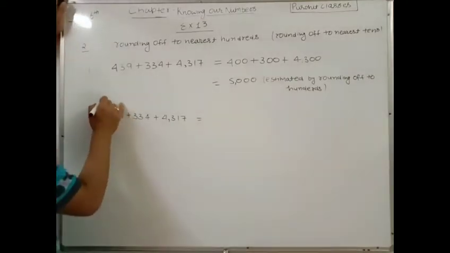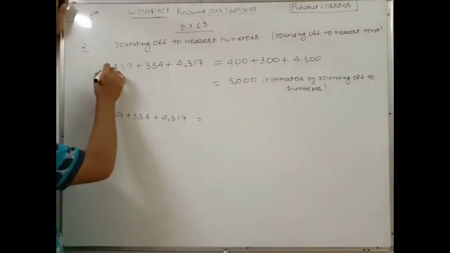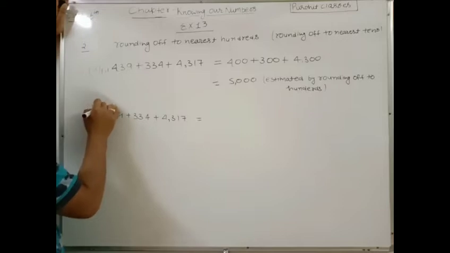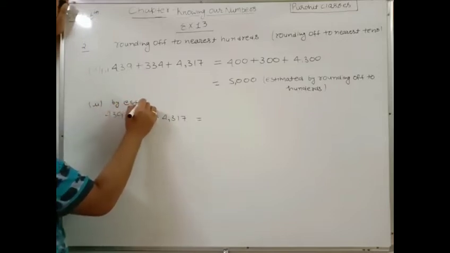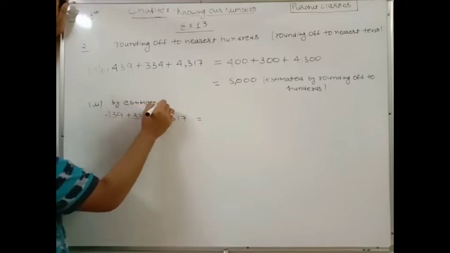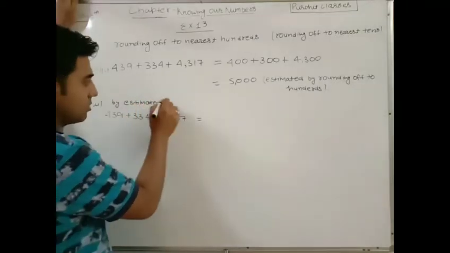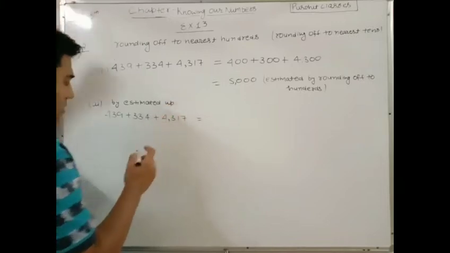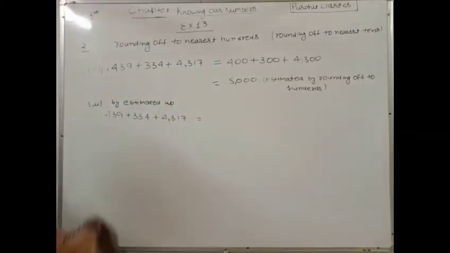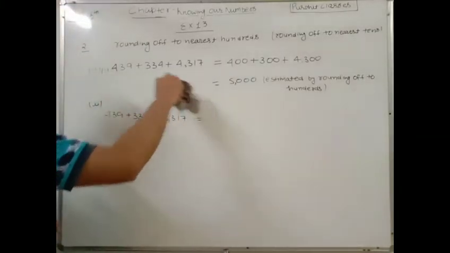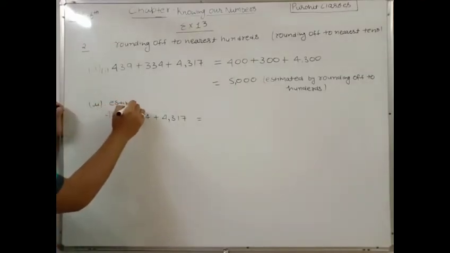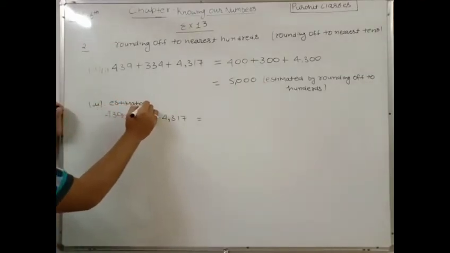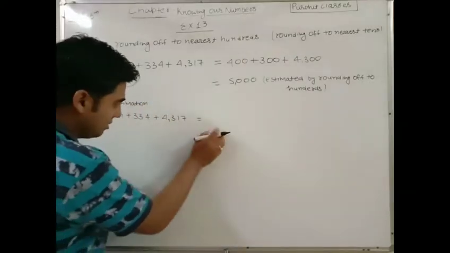One thing we can do, we can write here, this is the first part of A and this will be the second part. Let us write here estimation by rounding off to tens, because now we are going to estimate.